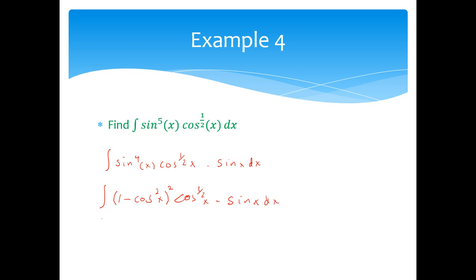And then when we FOIL this, we're going to get 1 minus 2 cosine squared x plus cosine raised to the power of 4 x. This is multiplied with cosine raised to the power 1/2 x, sine x dx. Okay.